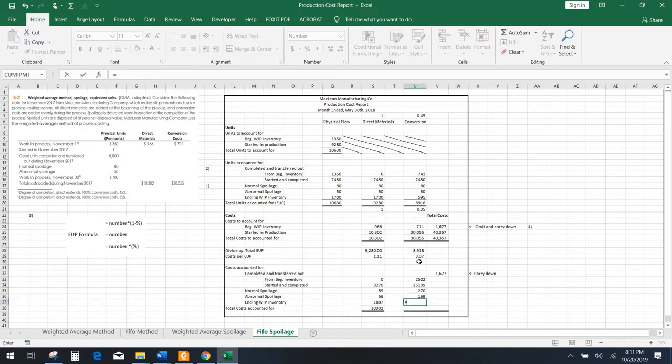This equals cost per EUP multiplied by ending work in process. Auto sum those. Auto sum those. And then this equals this auto sum.